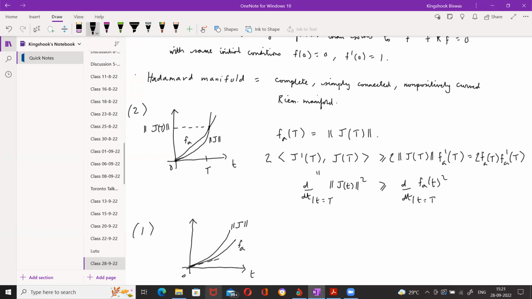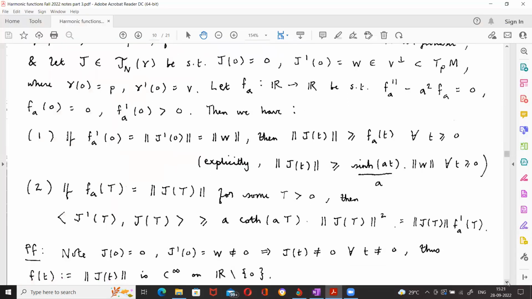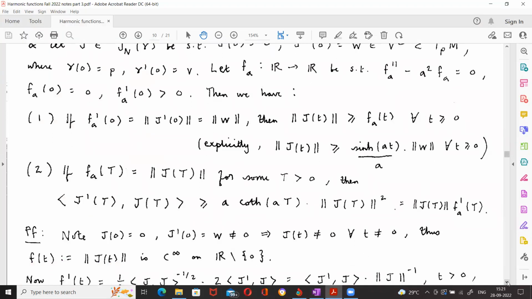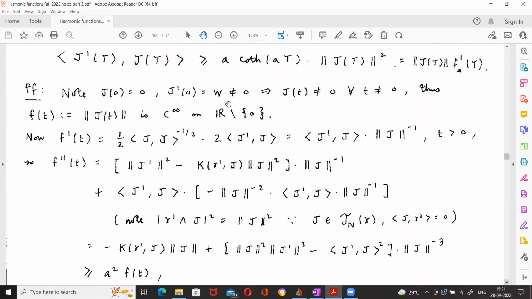Okay, let's come to the proof. It's not very difficult. It's just some simple calculus. J0 is given to be 0 and J prime 0 is some W, which we're assuming is non-zero.